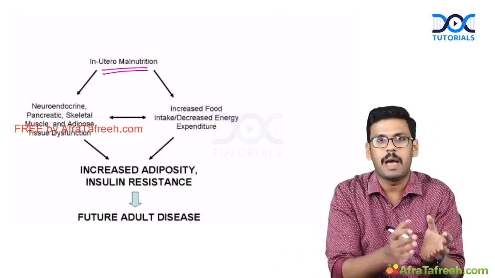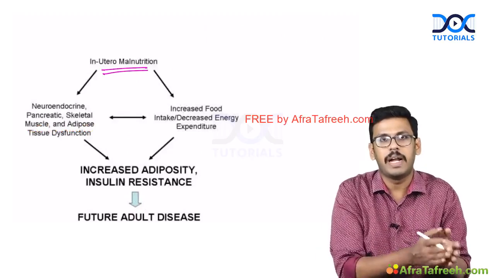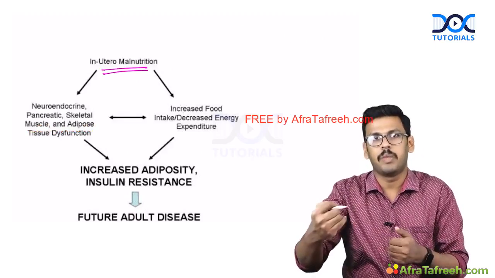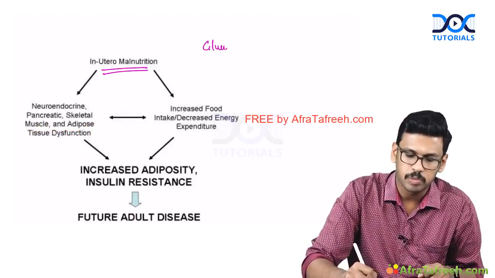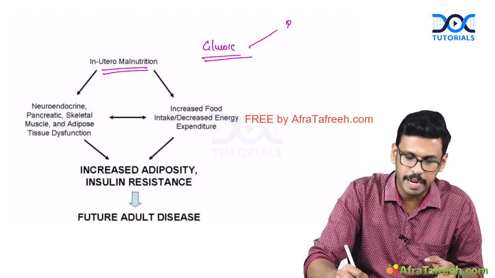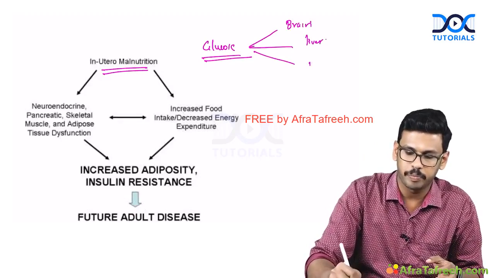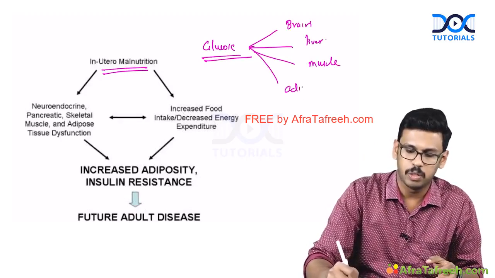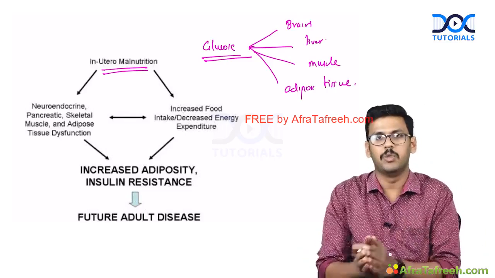When there is malnutrition in utero, the body will try to give adequate fuel, that is glucose, to the brain. Usually this glucose in the fetus will be utilized by so many organs: the brain, the liver, not pancreas, the muscle, adipose tissue. So many other organs utilize this glucose.